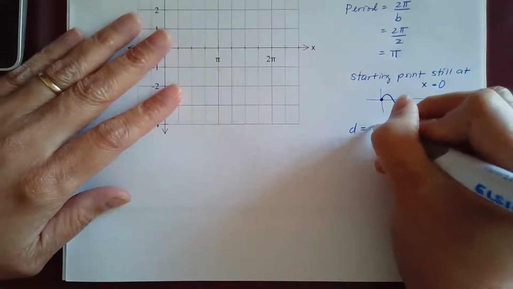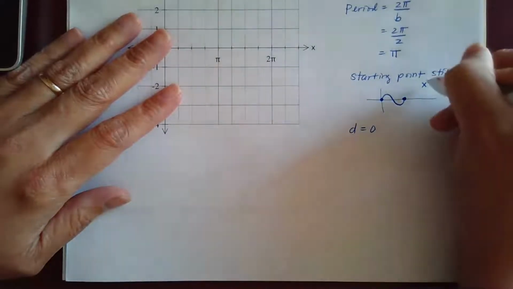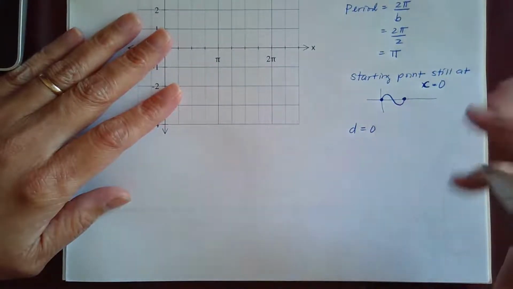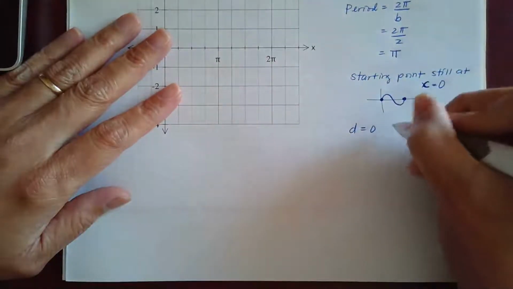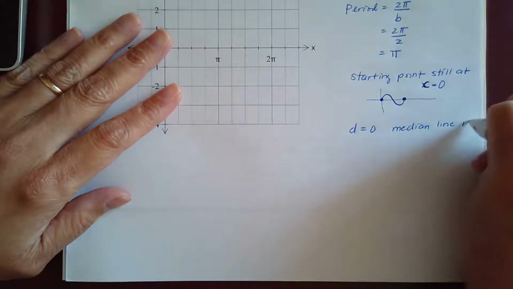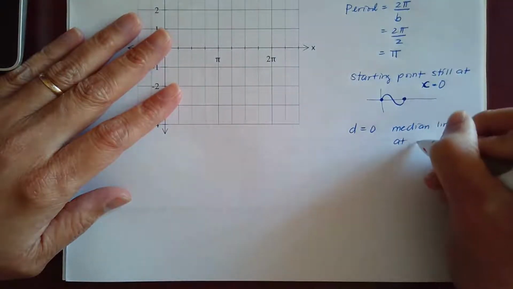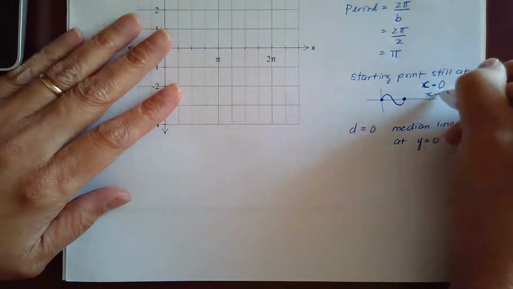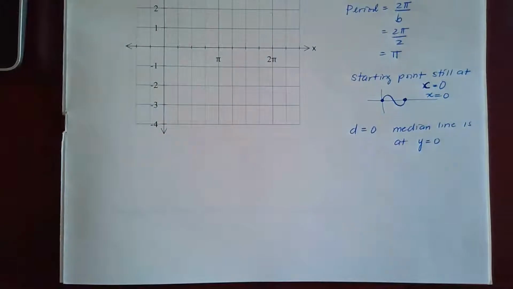D equals 0 means the median line is at y equals 0.